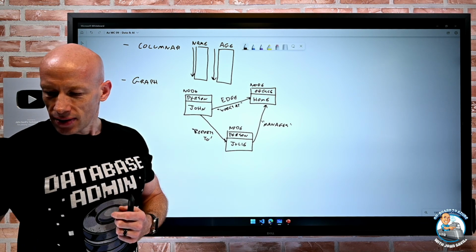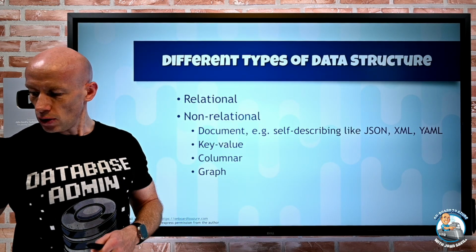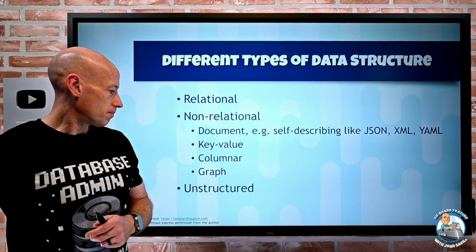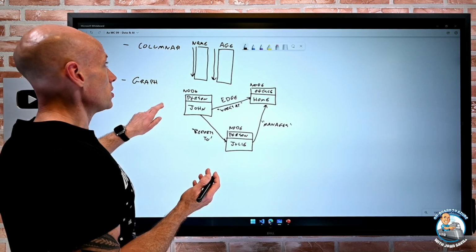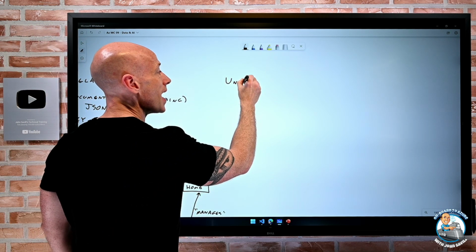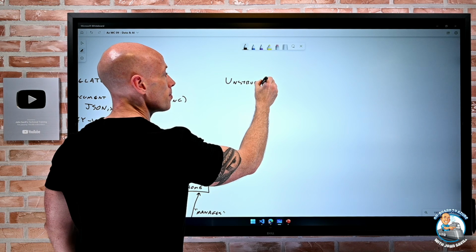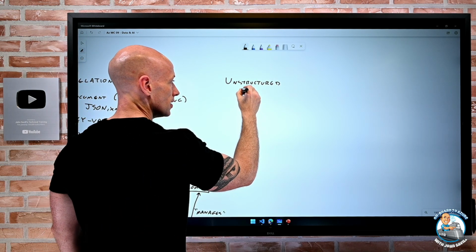And then, of course, there is also, and I'm not going to really focus on this at all, but you have unstructured. So with unstructured, to us and to the general type of data, it's just bits on a disk. So it's just bits.